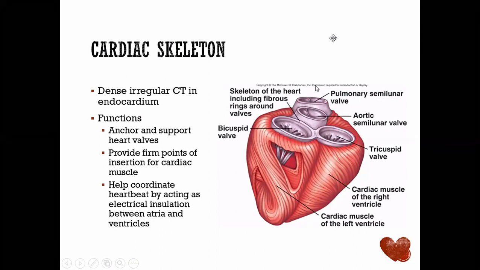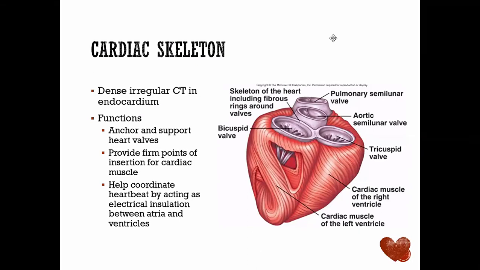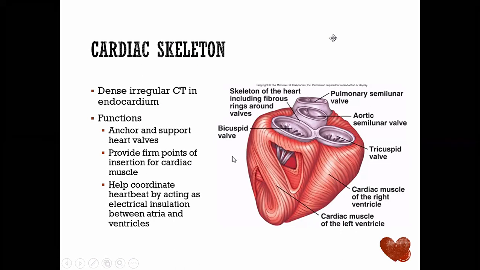Now, the functions of the so-called cardiac skeleton. They act as anchor and support of heart valves. They provide firm points of insertion for cardiac muscles. And they help coordinate the heartbeat by acting as electrical insulation between atria and ventricles.